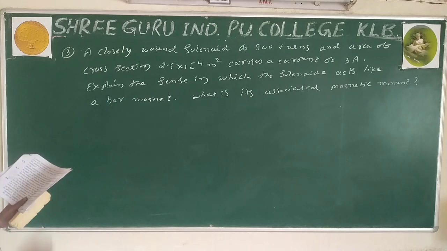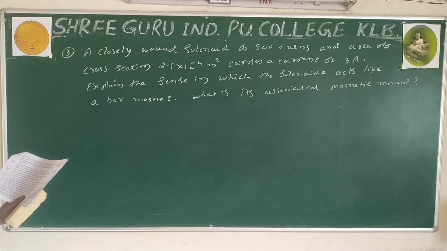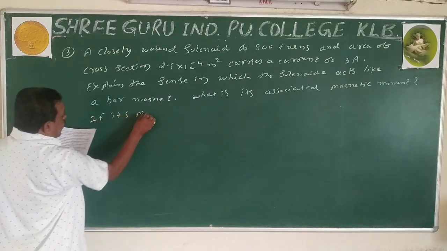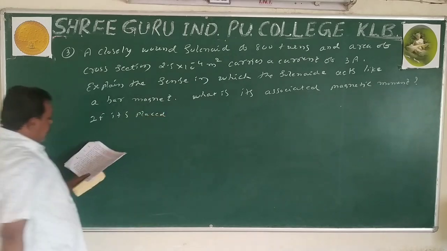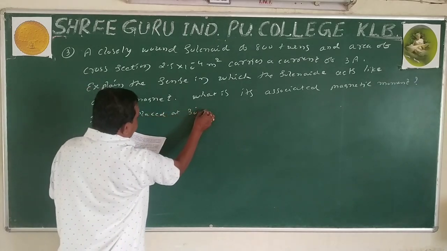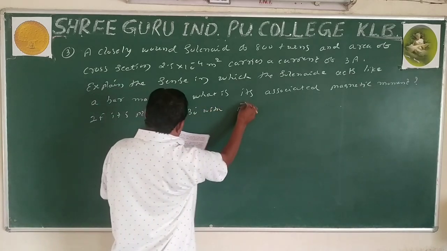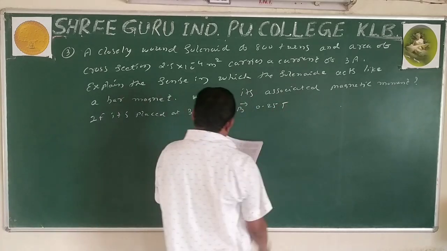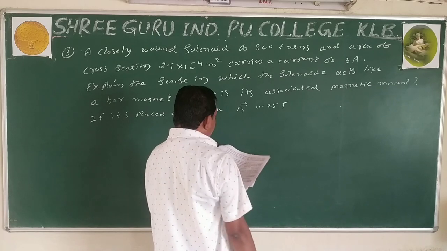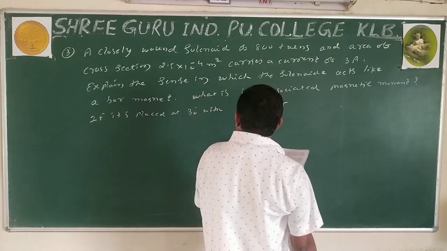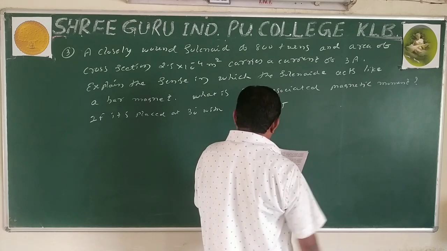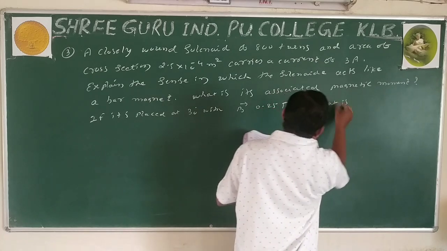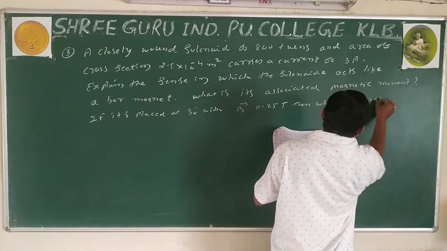Then, if it is placed at 30 degree with a magnetic field of 0.25 Tesla, what is the torque on it?